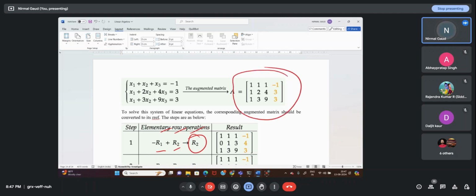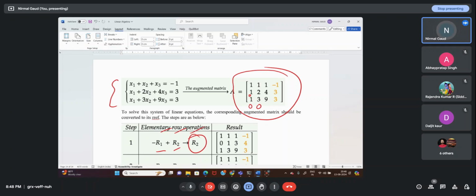That means you have a system of linear equations, and you have converted this system into an augmented matrix. Now you have to convert it into echelon format. The concept says that I want this as 0, this as 0, and this as 0. I need to make these terms 0.